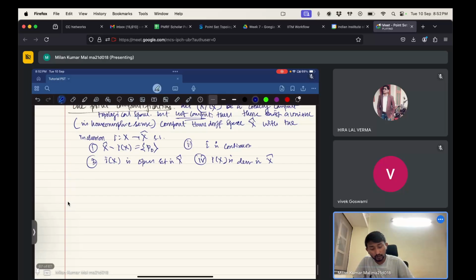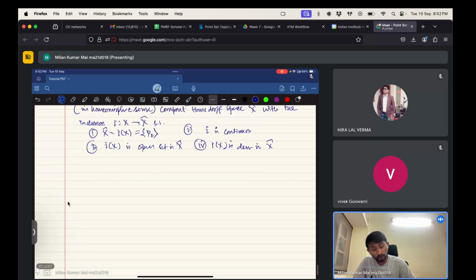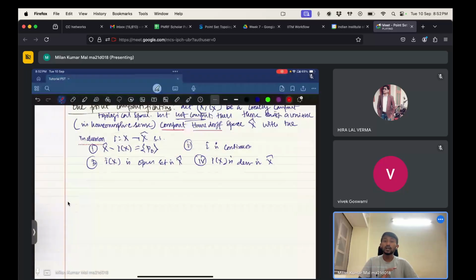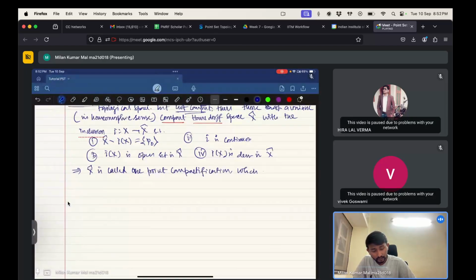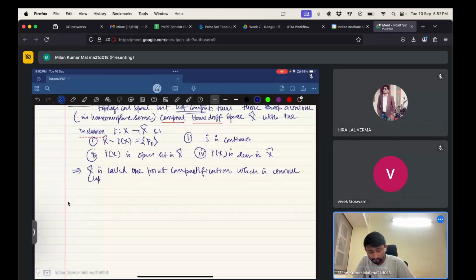Then the main point is that X cap is compact and Hausdorff. That's why it is called compactification, and it is one point because we get it after adding one point. Then X cap is called the one point compactification, which is unique up to homeomorphism.